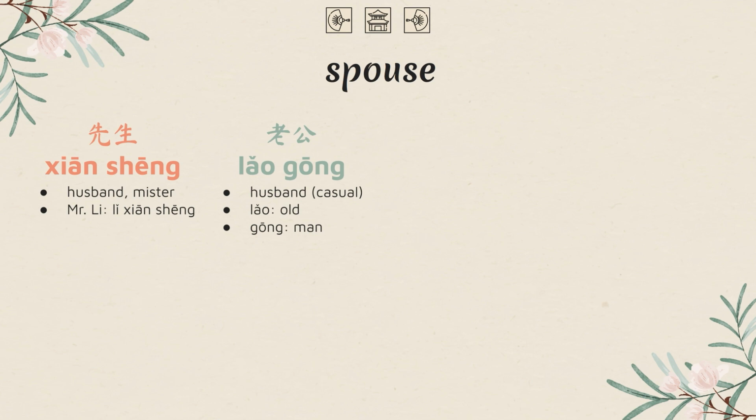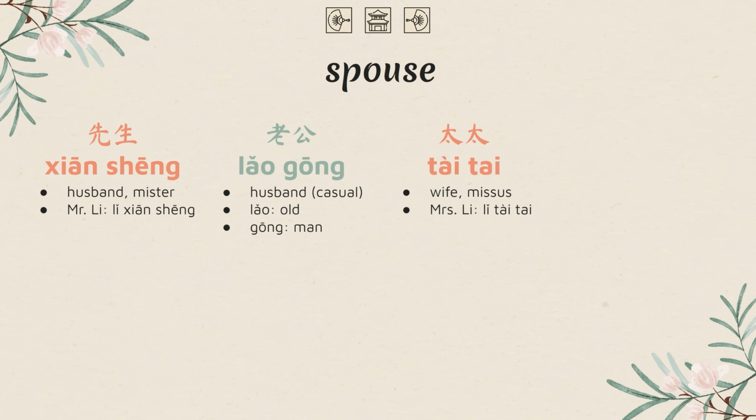Okay, and then we have a formal way of saying wife, 太太. Again, the second tai is softer and without much emphasis. So 太太 means both wife and Mrs. So again, for Mrs. Li, we say 李太太. Last name goes before the title, 李太太.